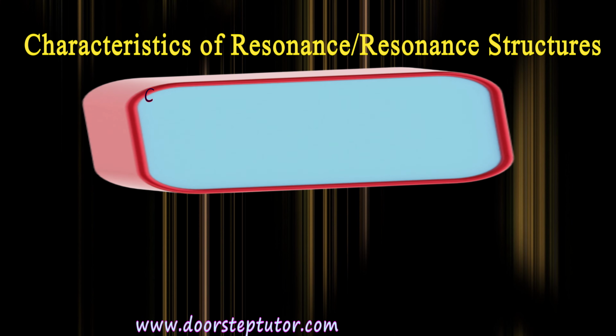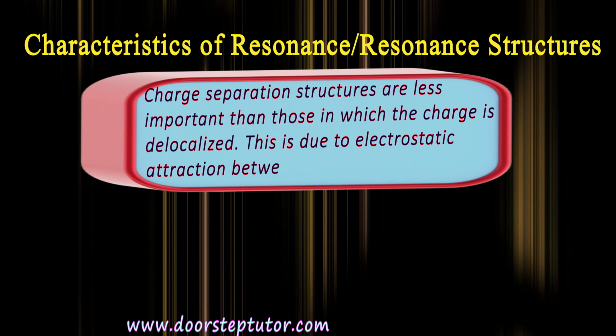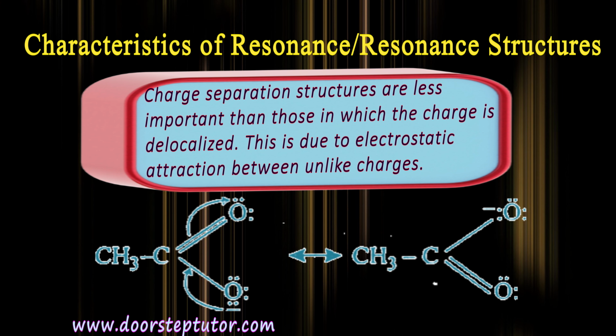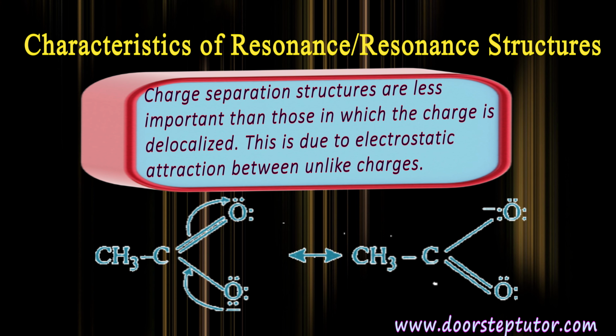Now, the last point for the characteristics of resonance is that charge separation structures are less important than those in which the charge is delocalized. So, this is a condition for resonance. The structure where charge can be delocalized will be more important than the charge separation structure. And the reason behind it is the electrostatic attraction between the unlike charges, as you can see in this figure, okay?